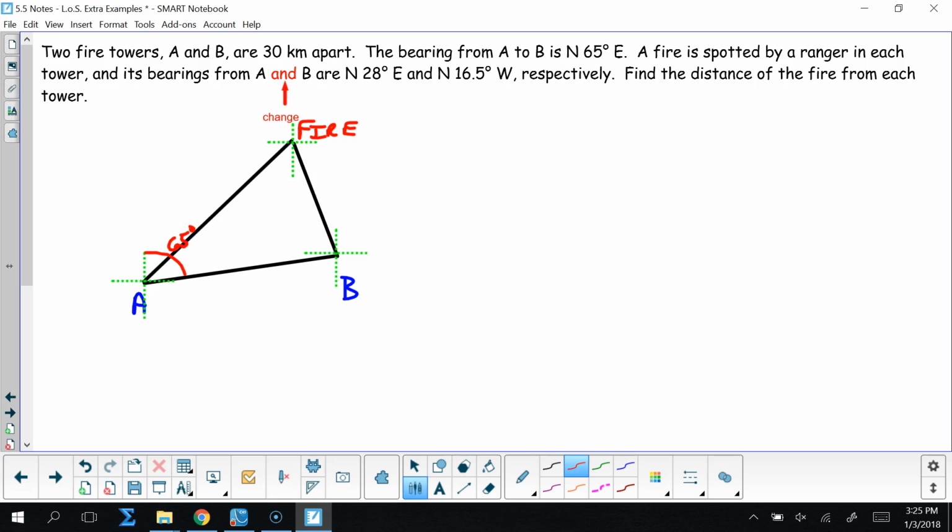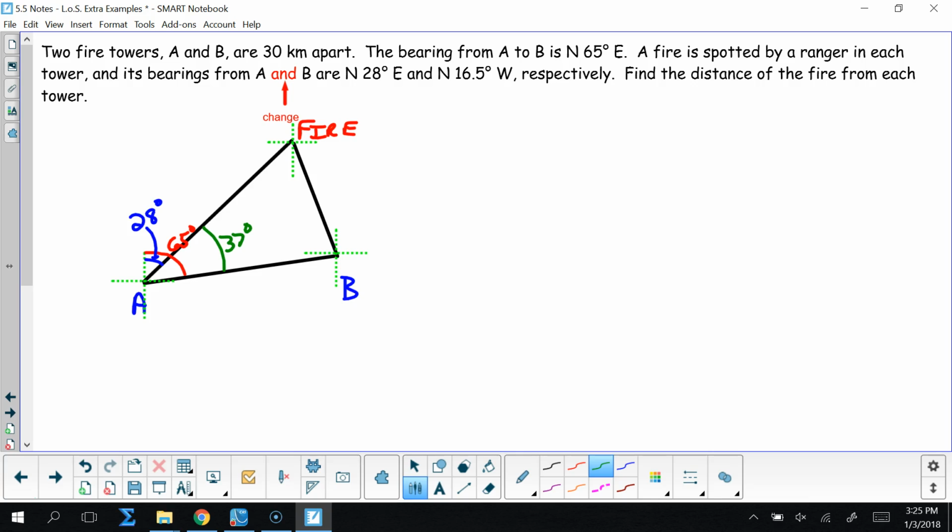But the bearing to the fire is north 28 degrees. So that one in here is 28 degrees, which would make this angle right there be 37 degrees.